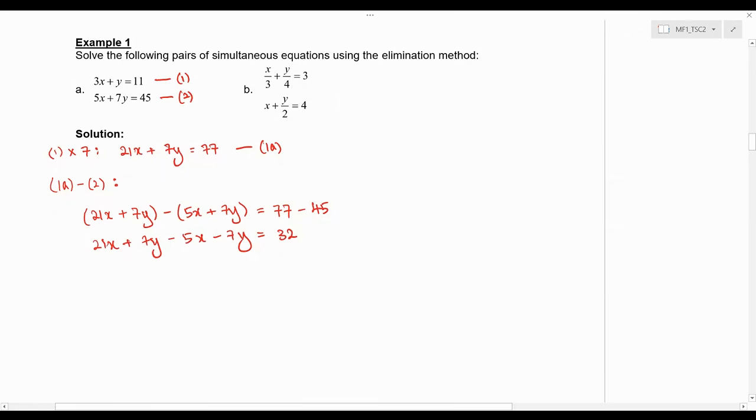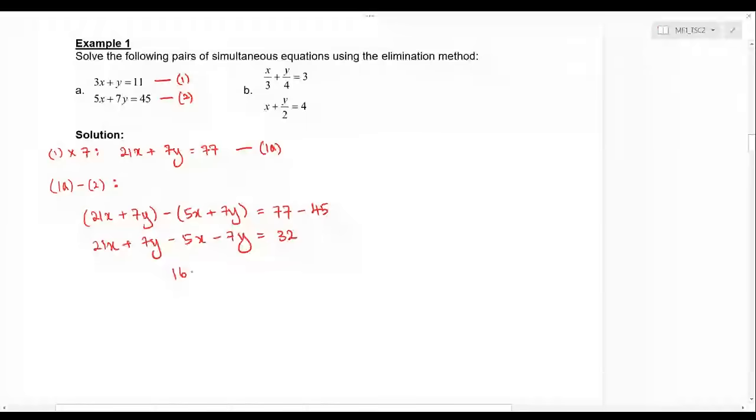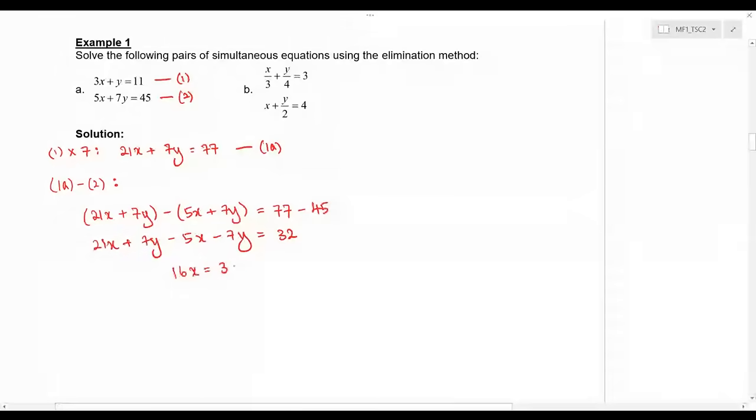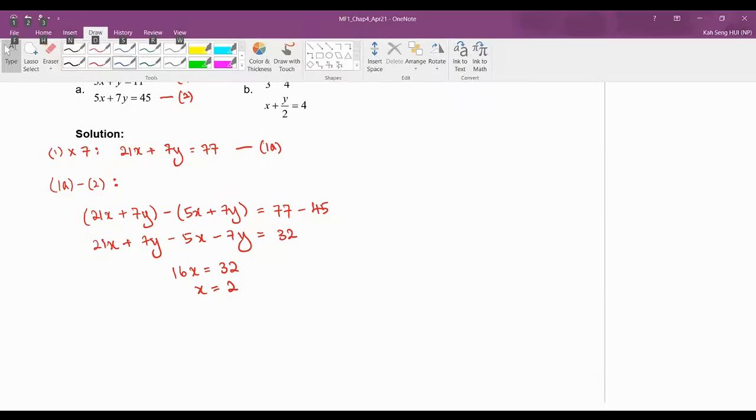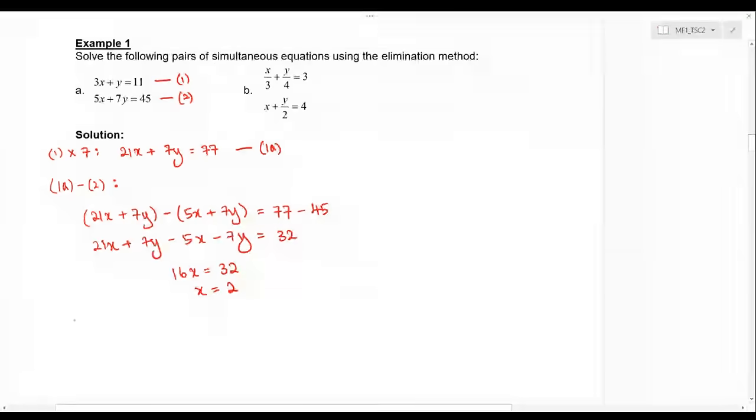So the 7y and the 7y will cancel out. Definitely I'll be left with 16x equals 32. So my x has to be 2, if I divide both sides by 16. Last but not least, since I already solved for x, all I've got to do is substitute it into one of the equations.